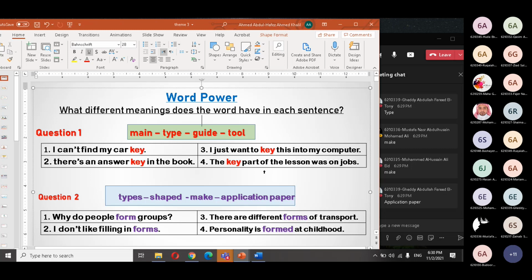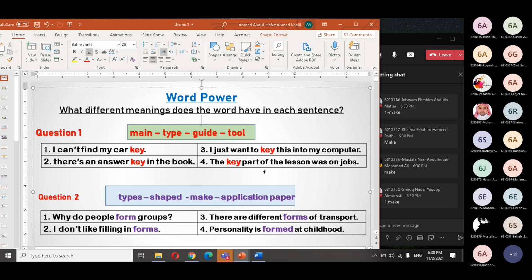Number 1 says, why do people form groups? Make. Yes. Why do people form groups means why do people make groups?